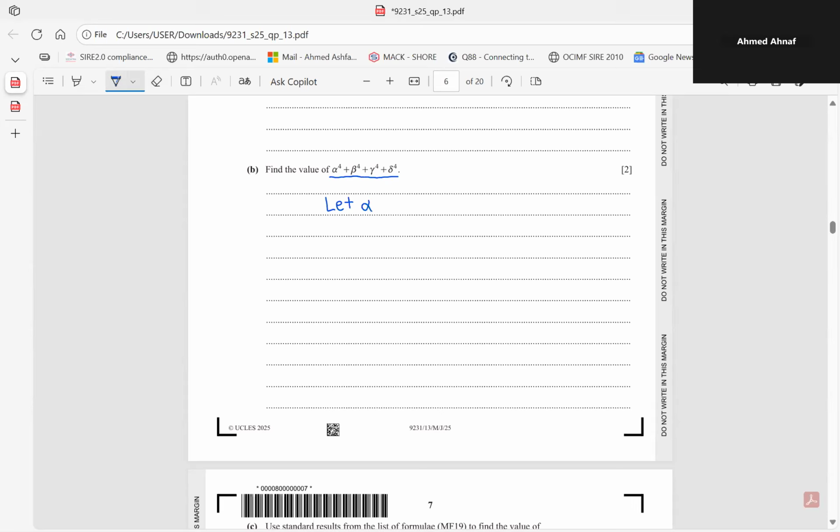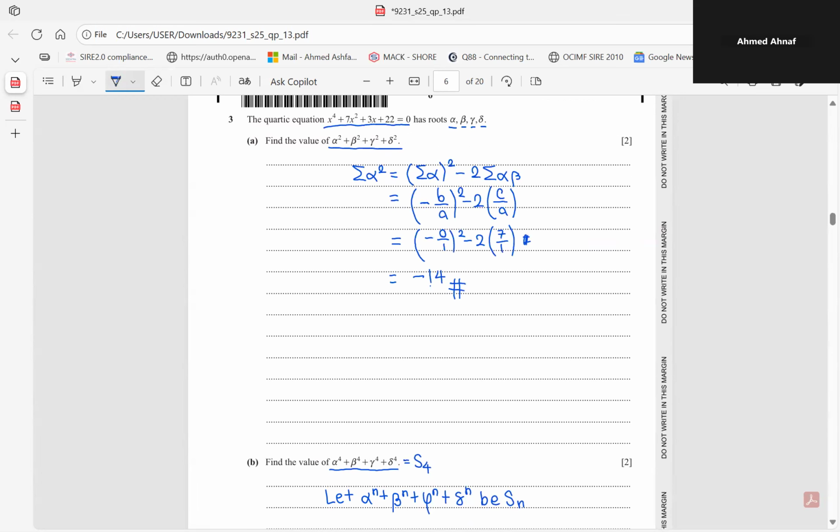So we'll let alpha to the power of n plus beta to the power of n plus gamma to the power of n plus sigma to the power of n be Sn. So this therefore would just be S4, and our previous answer, the squares, would just be S2.